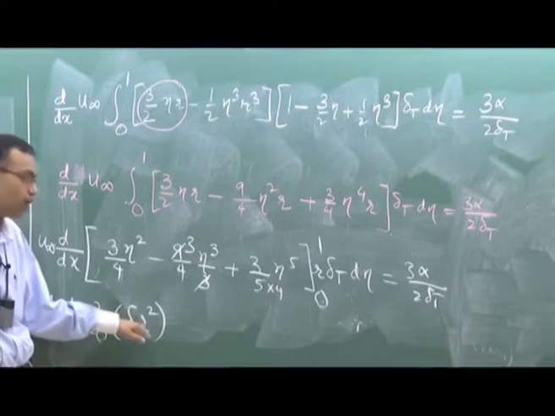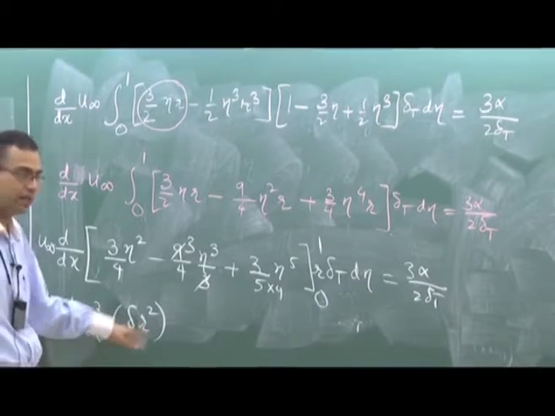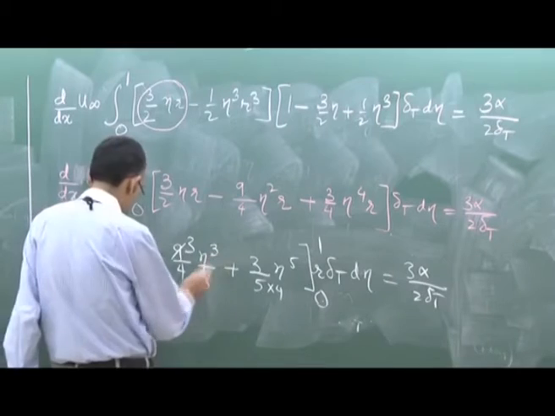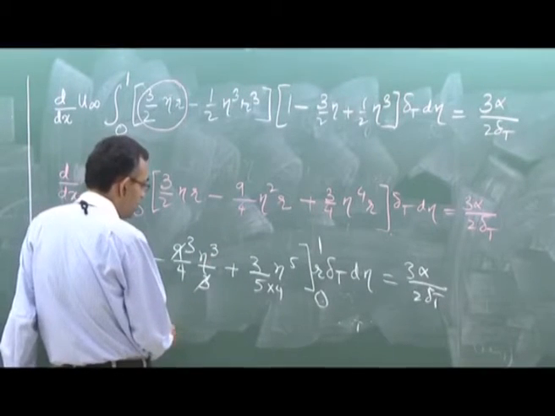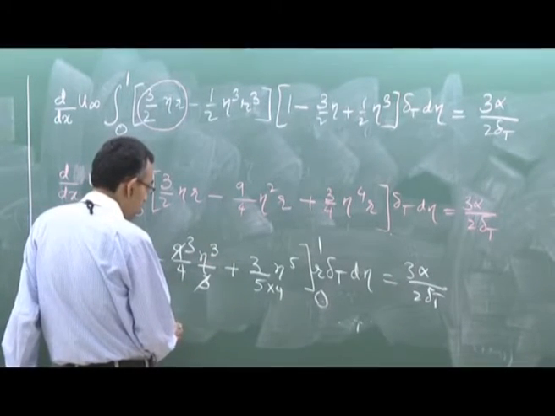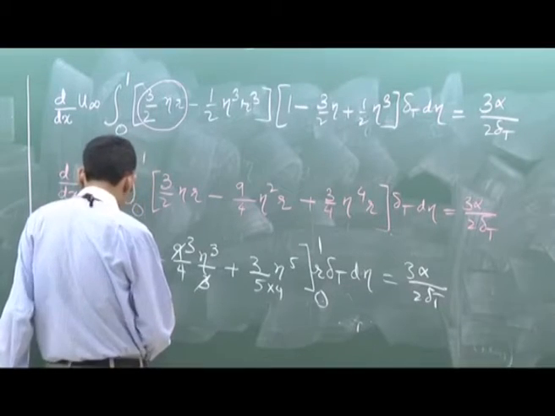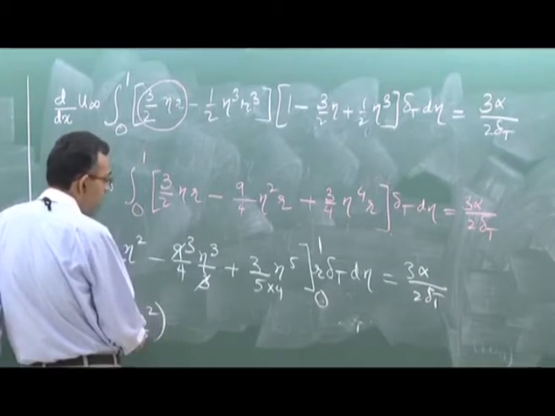We are interested to solve for R, that will give us what is delta T. So 3 by 20 into delta R square.